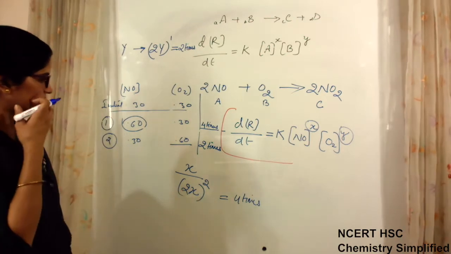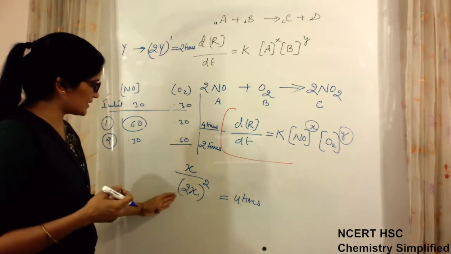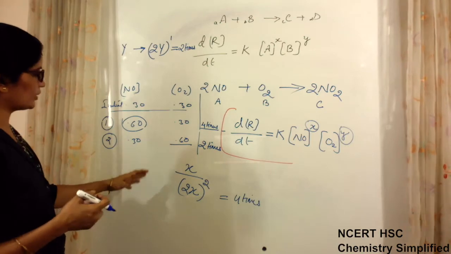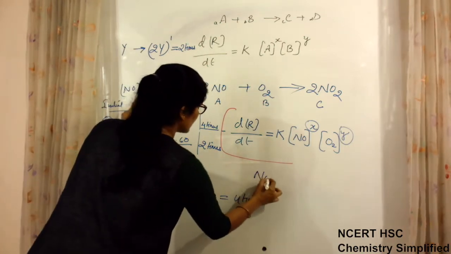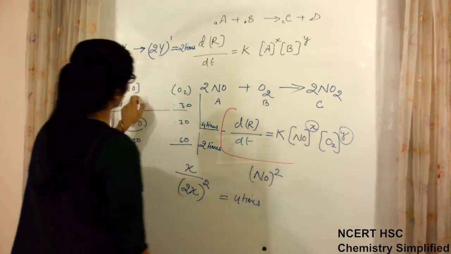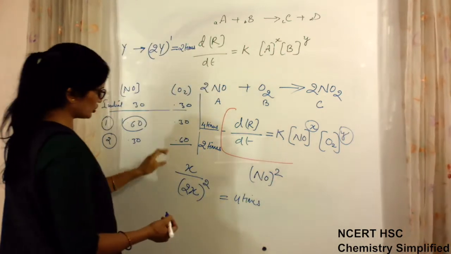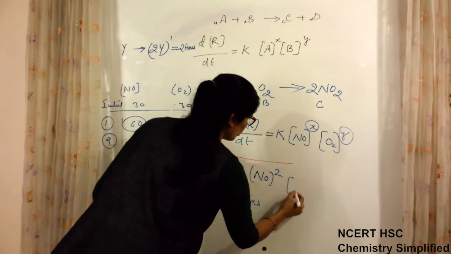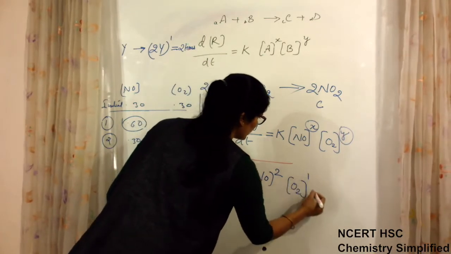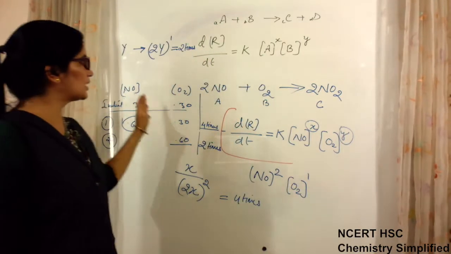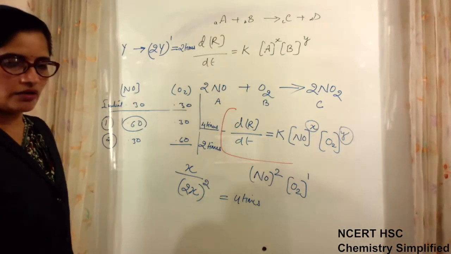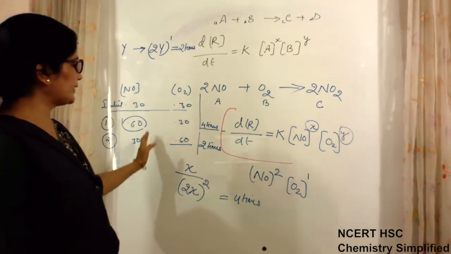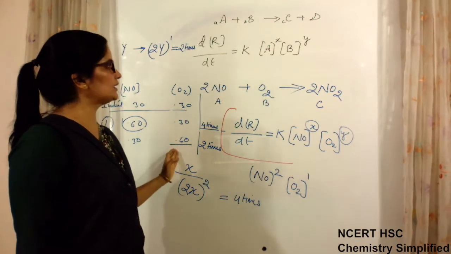Okay? So that means, from this experimentation we understood that NO is raised to power 2, and O2 is raised to power only 1 in this particular reaction which is given to you. And this was only calculated when you were given experimental data.